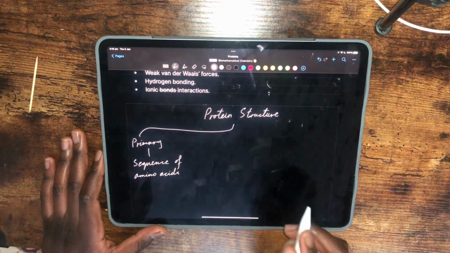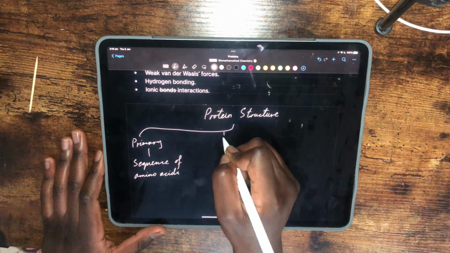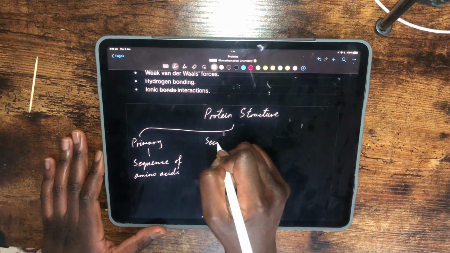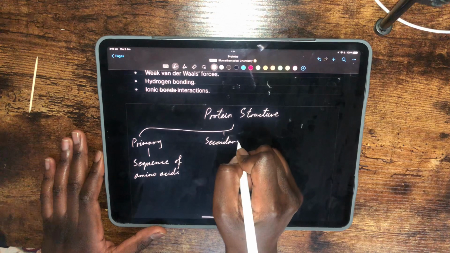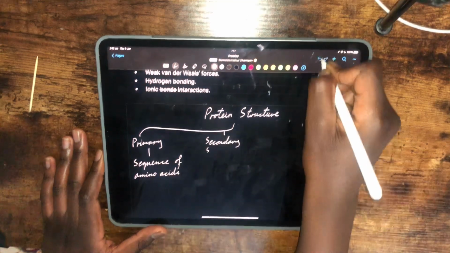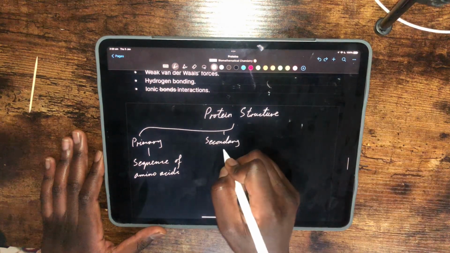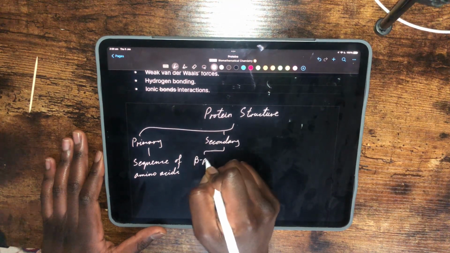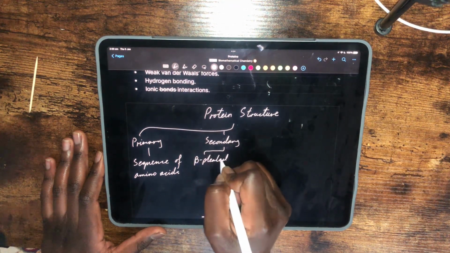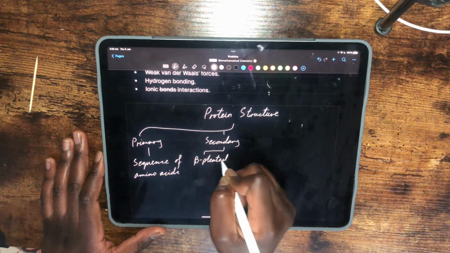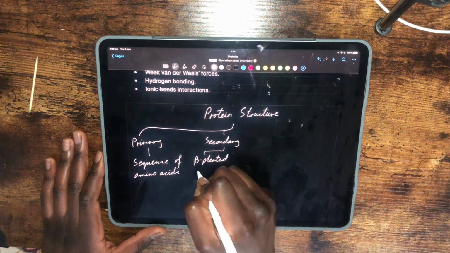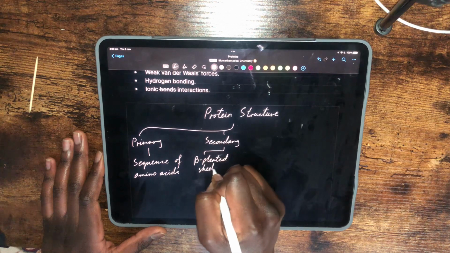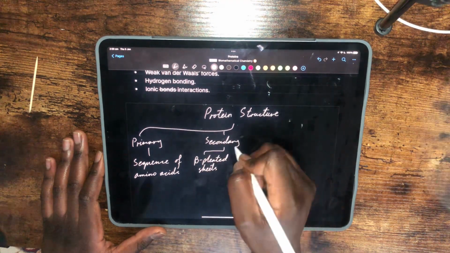Then we have the secondary structure, which is just either beta pleated sheets or an alpha helix.